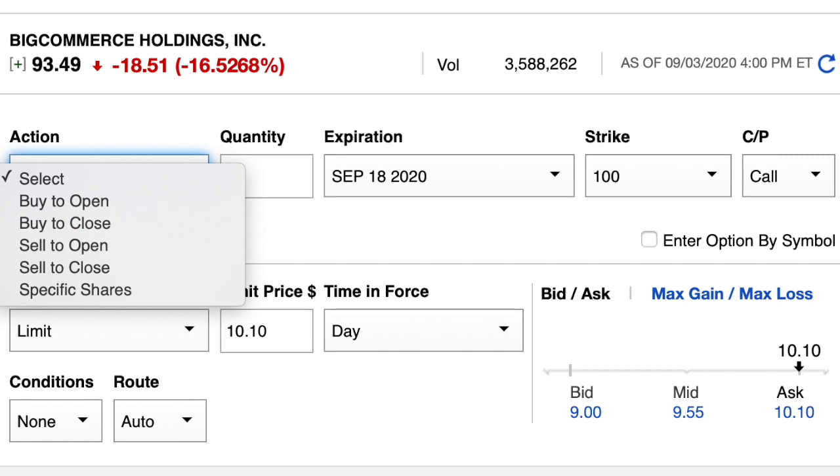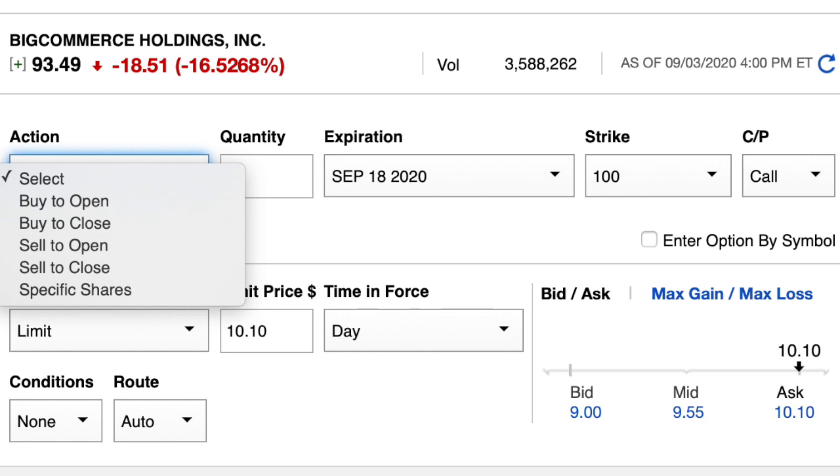With sell to open, you are collecting the premium rather than paying money to have that contract. This is where we get to the concept of passive income when you decide to sell to open. And sell to close is when you buy to open at first. So you're just buying the put or the call and you're hoping it will rise in price, and then you sell to close.